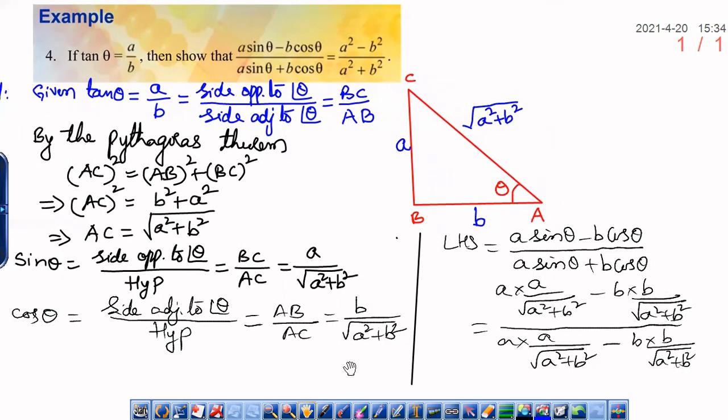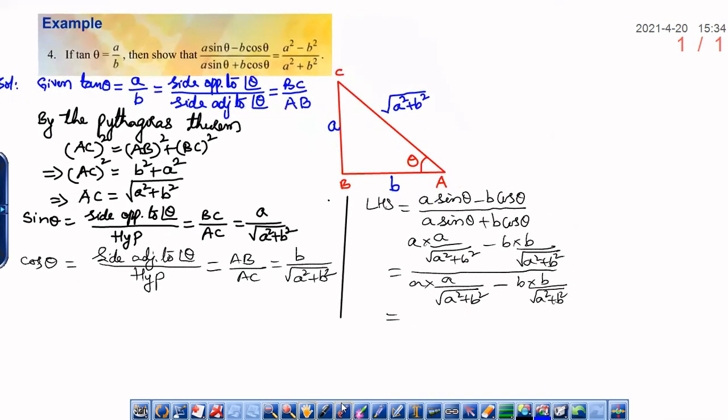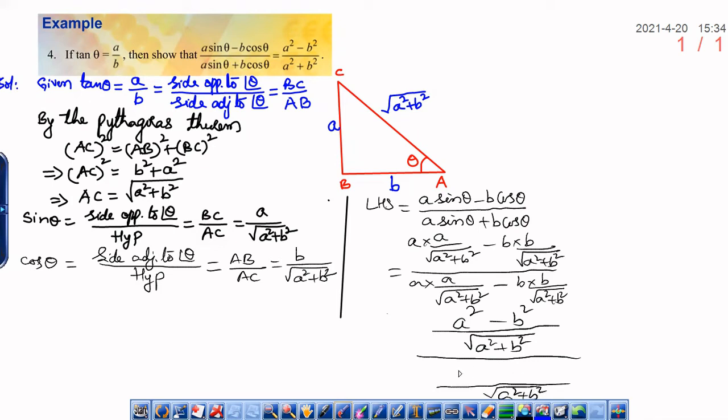Further simplifying, by taking LCM, we get here in the numerator under root of A square plus B square, we get A square minus B square, divided by, again here in the denominator you take further LCM, under root of A square plus B square, you will get A square plus B square.